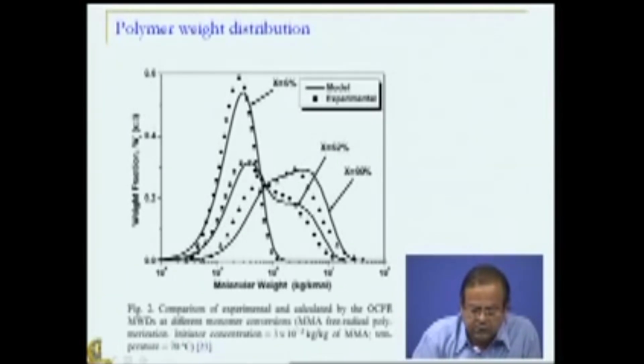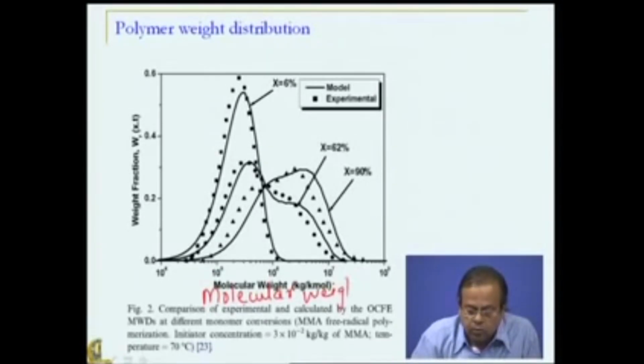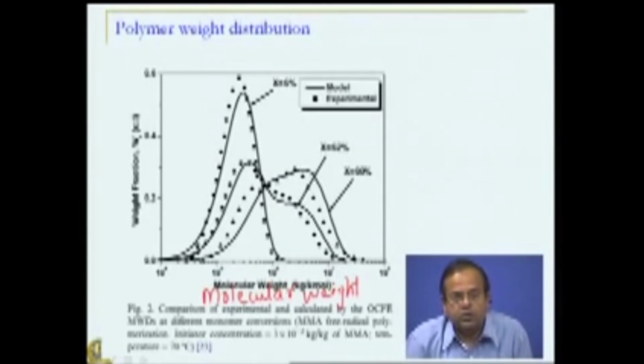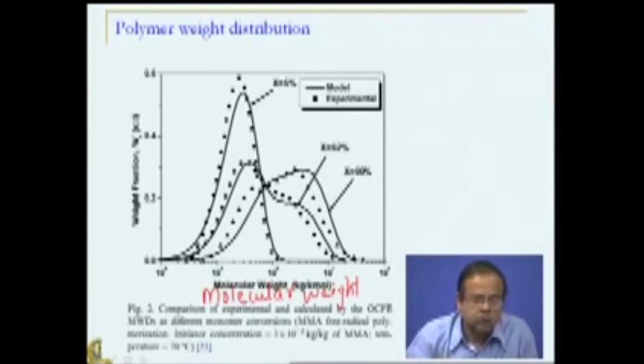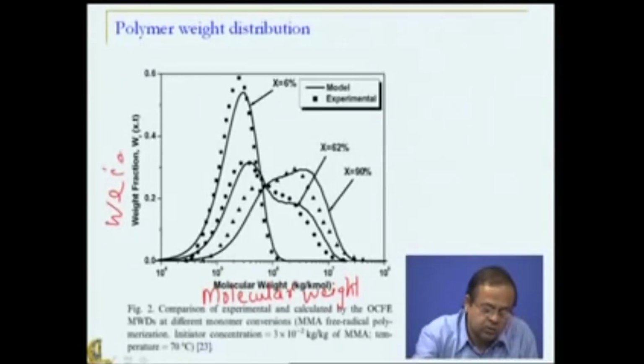On the x axis is the molecular weight of the polymer fragment, and on the y axis is the weight fraction.